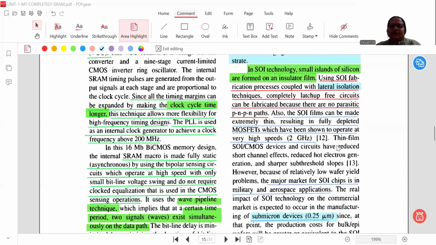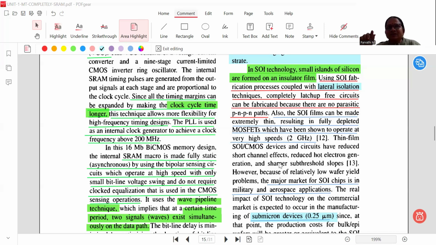And thin film SOI CMOS devices and circuits have reduced short channel effects. This is one of the difficult issues seen in CMOS fabrication. As the channel length is reduced from technology node to technology node, there would be the issue of short channel effect.